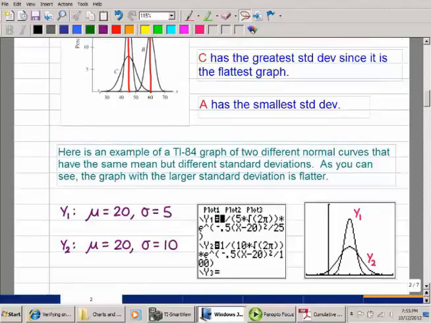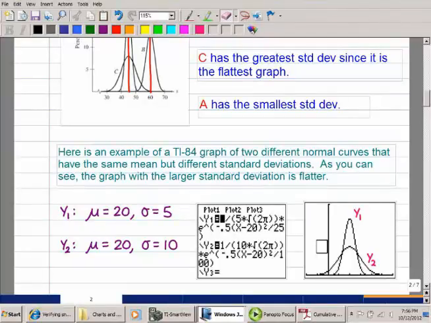Now, you probably would have no need to do what I just did in this example, but I just took a TI-84 calculator and used that ugly equation I showed you up there with the same mean, because I want them to be lined up with the same mean in the center with 2 different standard deviations. So I just manually typed in the equations here, and I had to play with the scale to graph these a little bit.